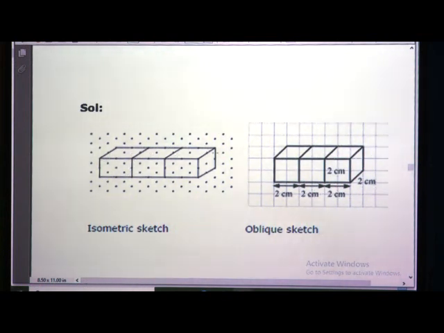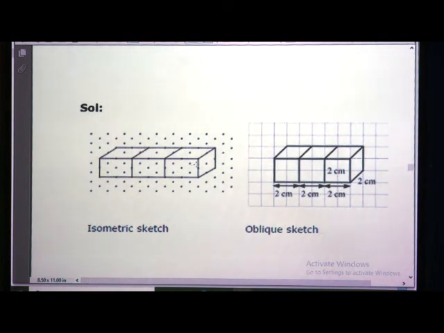We just arranged them side by side; this is an isometric sketch and this is an oblique sketch. Side by side we find a small cuboid, another small cuboid, another small cuboid. All together, when joined, we find a cuboid.